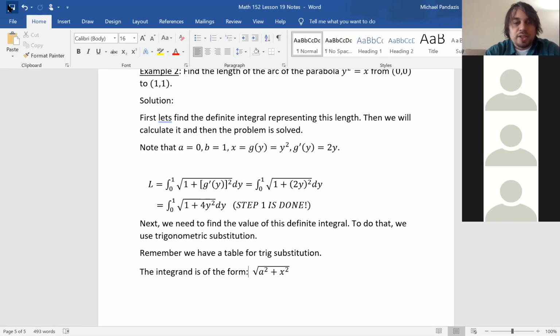Okay, so the integrand is of that form. And so the table says that you use these substitutions.